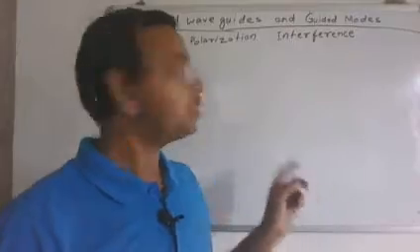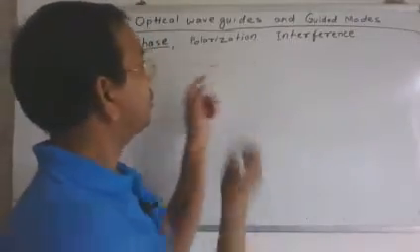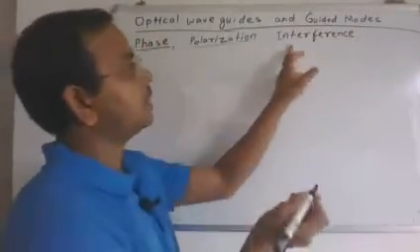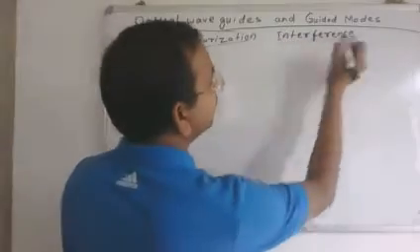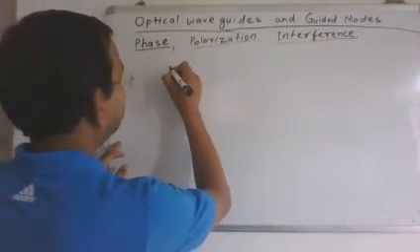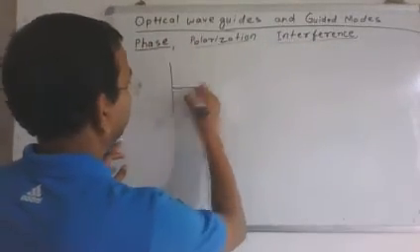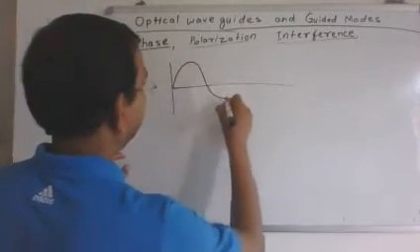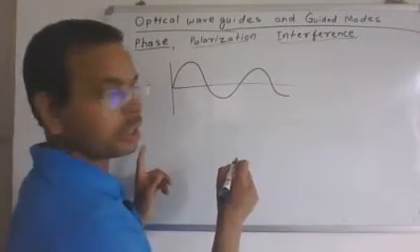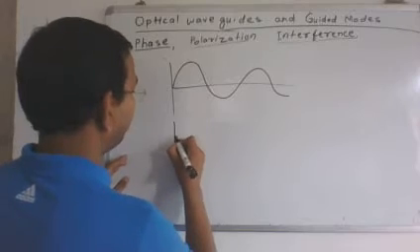So we have understood the terms phase and polarization, and now let us understand the term interference. Suppose we have two electric fields at different phase.